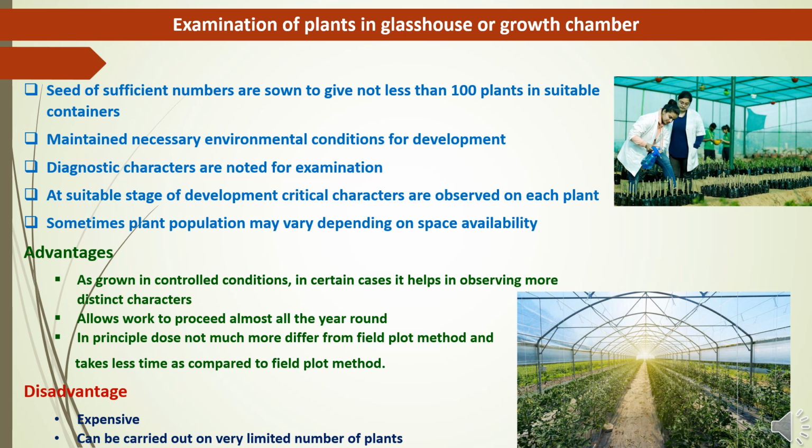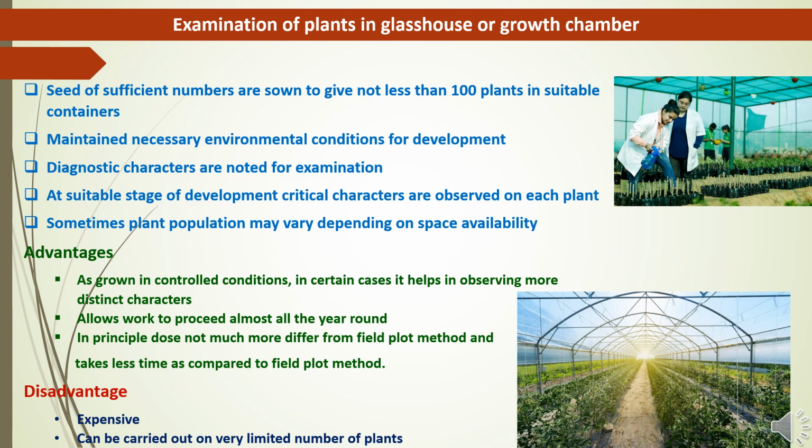So here temperature, moisture, aeration, humidity, everything is maintained as per the crop requirement. When the plants have reached a suitable stage of development, the critical characters are observed on each plant and noted. Sometimes the number of plants grown for observation will vary depending upon the space availability and crop growth.